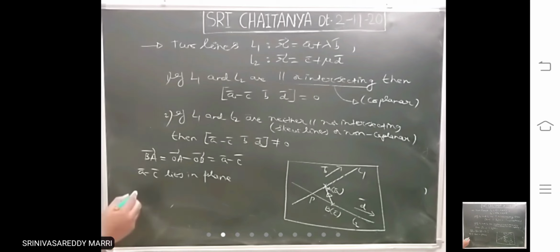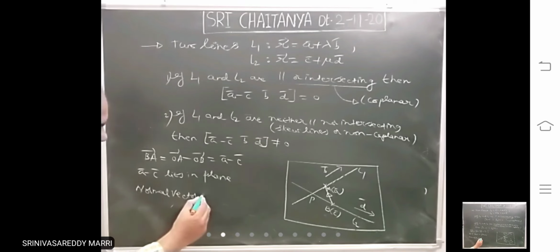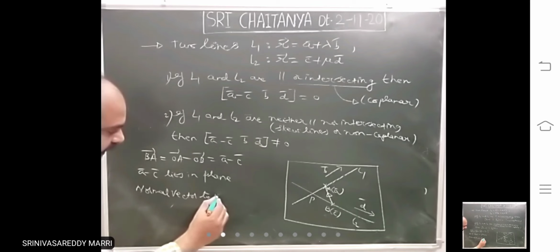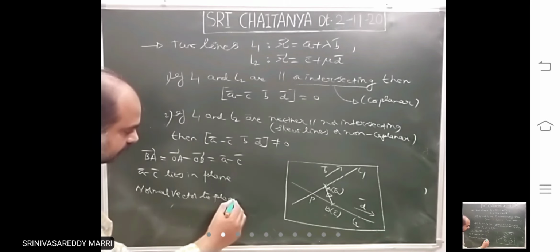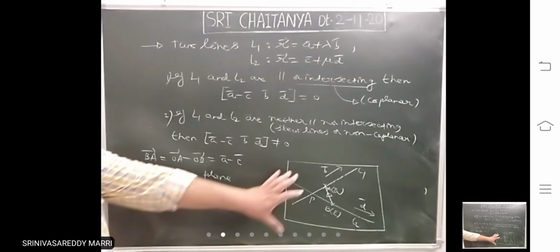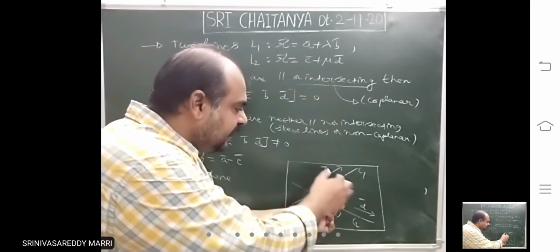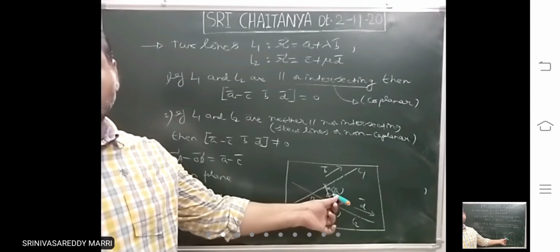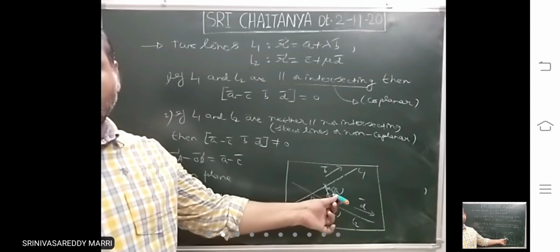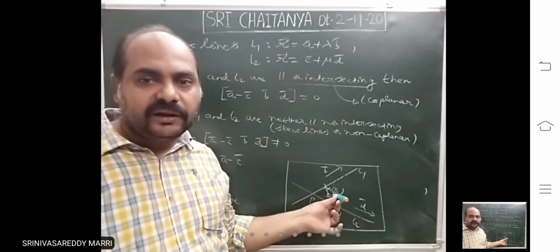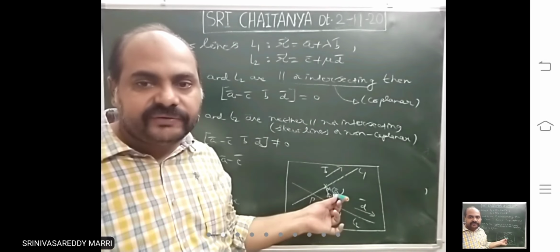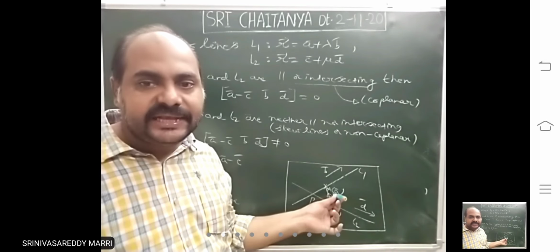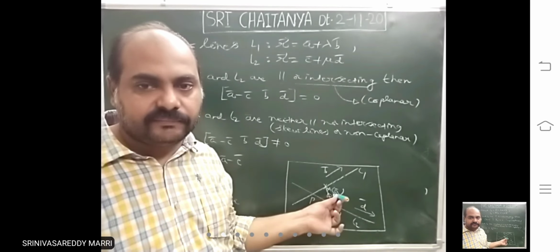Now I am writing the normal vector to the plane. Your paper is there; when you keep a vector vertically, that is called normal to the plane. A normal vector is the vector which is perpendicular to each and every vector in the plane.